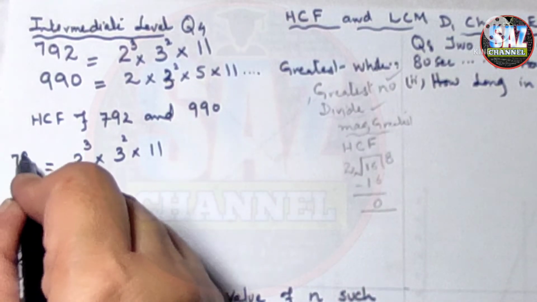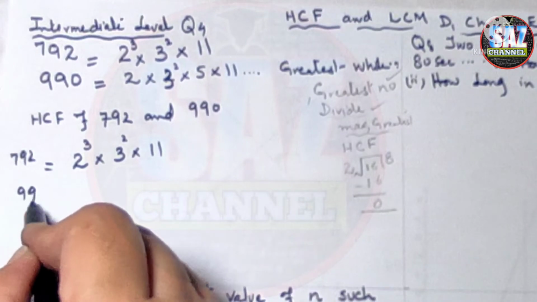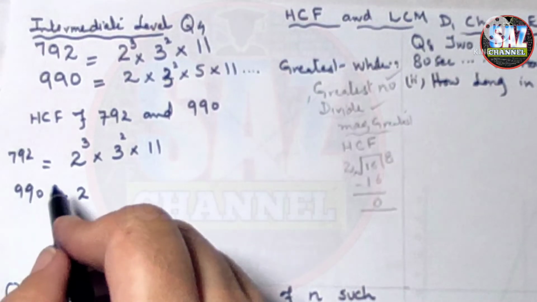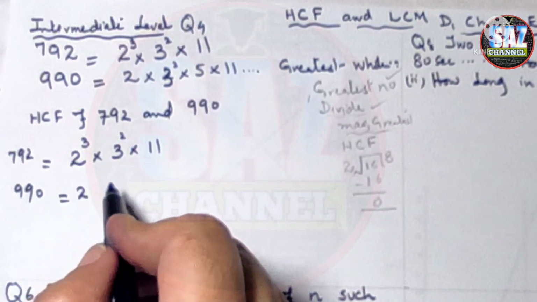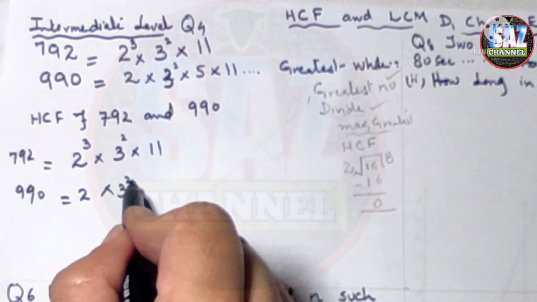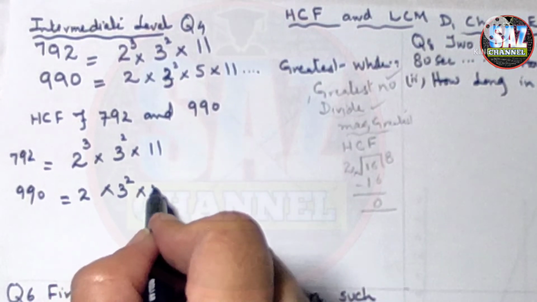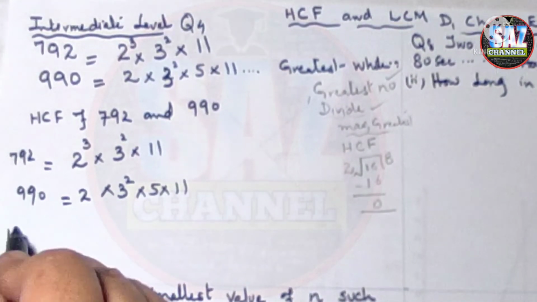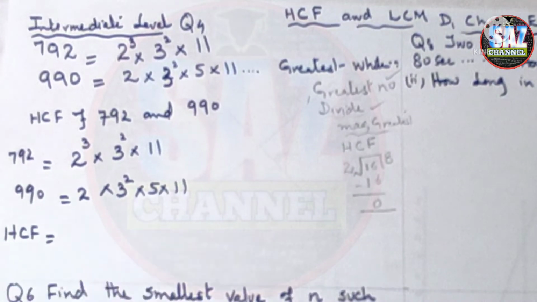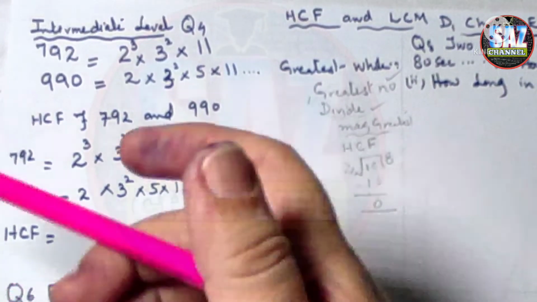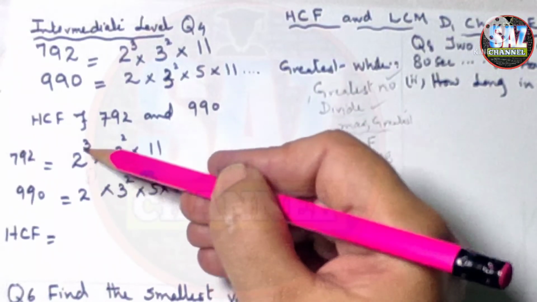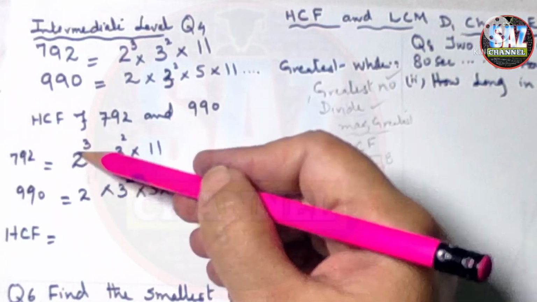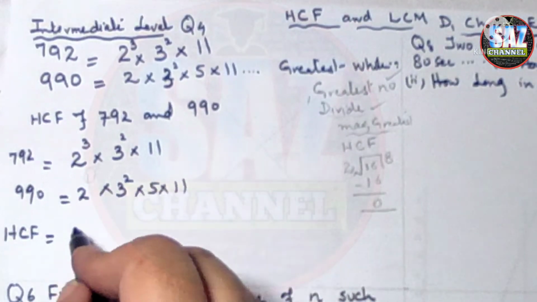This is 792 and 990. 990 has the prime factorization 2 multiplied by 3 squared multiplied by 5 multiplied by 11. Now, in order to find the greatest number, HCF. If we look at 2s, here 2 has the power 1 and here 2 has the power 3. The common factor has to come with the smallest power. So it will be 2.